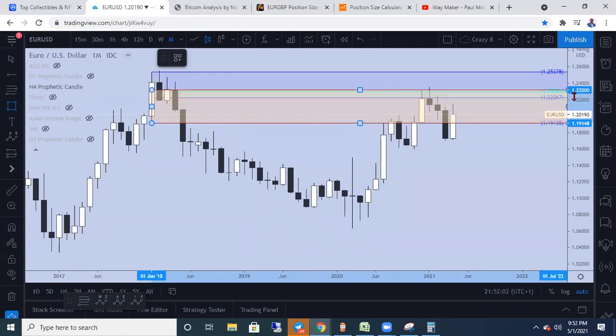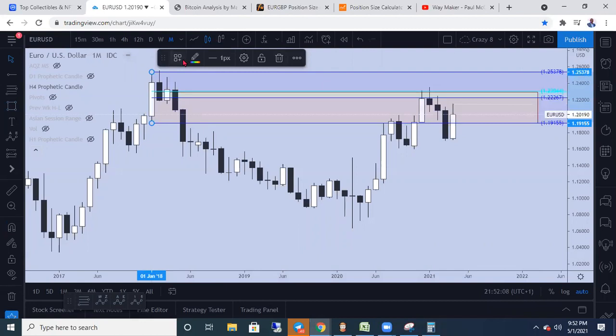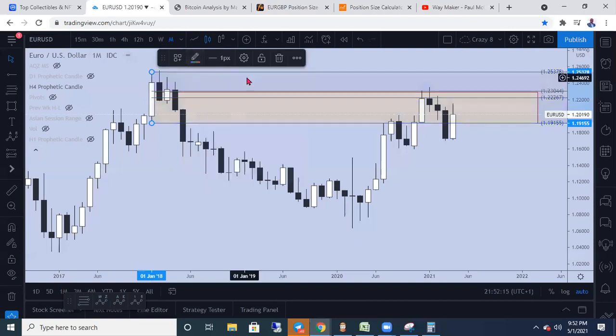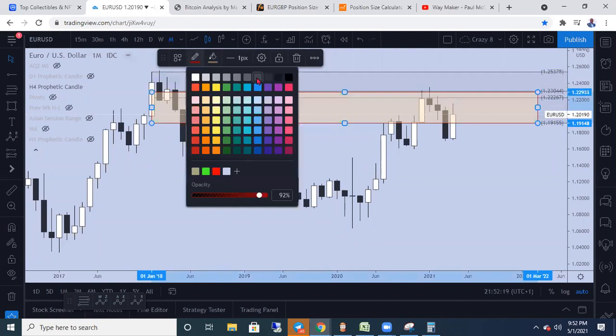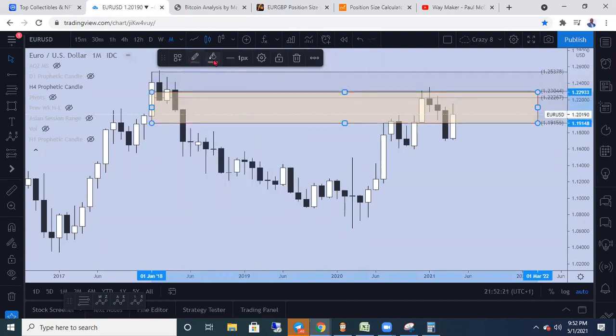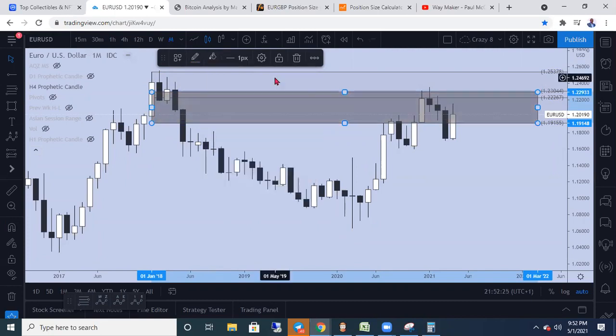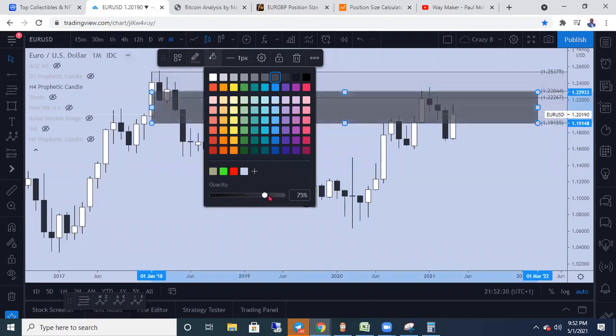Everything there is a sell, right? I can find a very sweet color for this and make it thinner.